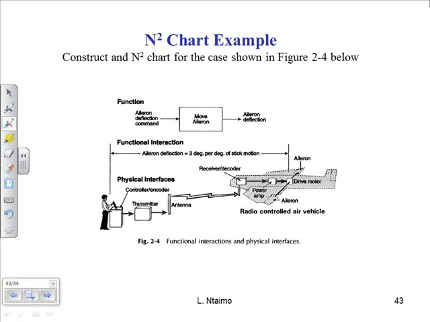So the question is to construct an n-squared chart for the case shown here. Okay, so remember we looked at this before. We are trying to control a radio-controlled air vehicle. Over here, we are basically looking at moving the aileron.